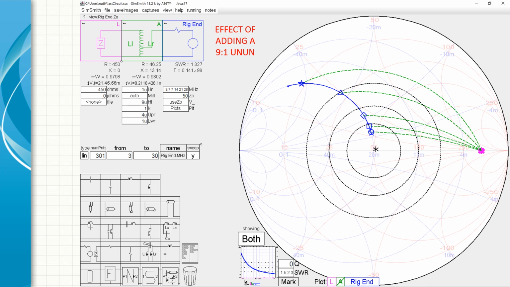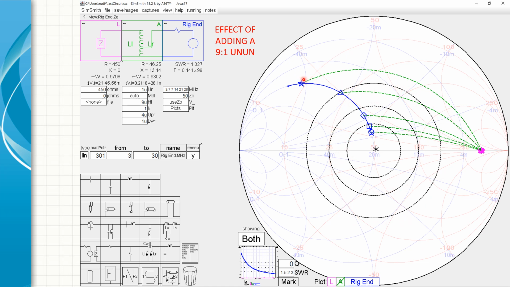This is what it looks like if we add a 9-to-1 unun, just a 9-to-1 unun purely. Now, these are circles of equal SWR that I have set up, with just a space in between the SWR values I want to plot. So 1.5, 2.0, and 3.0.